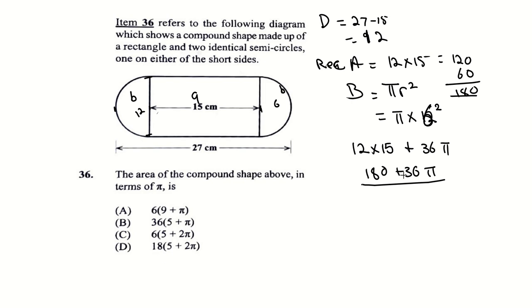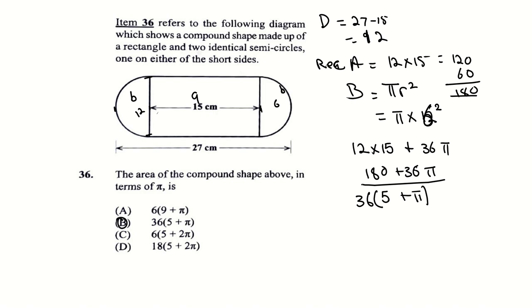So you're going to ask yourself, what could go into 180 and 36 at the same time? So we have 36 open bracket 5, because 5 by 36 is 180, plus pi, so the answer for this is B.